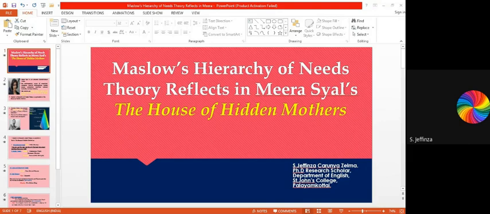The basic need is seen in Mala's life, who is one of the protagonists in The House of Hidden Mothers. She has faced the reality of poverty, illiteracy, the dowry system, and many other social evils. She is one of the characters who lives a rustic life, but she tries to rise above it.